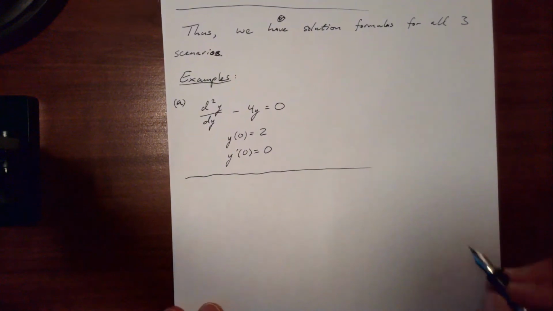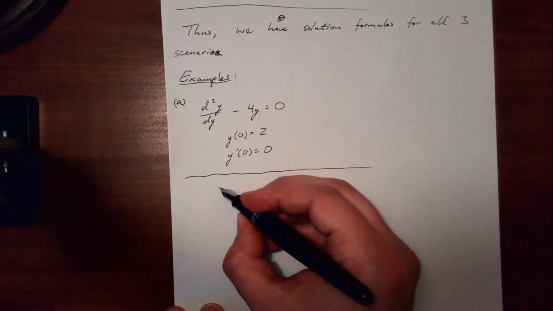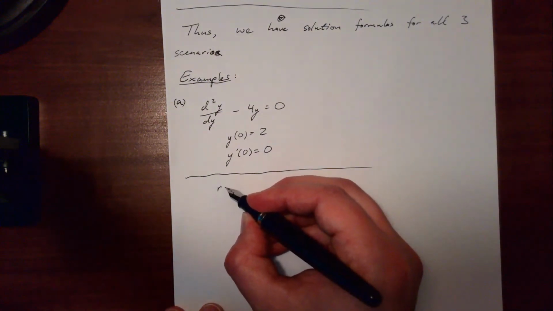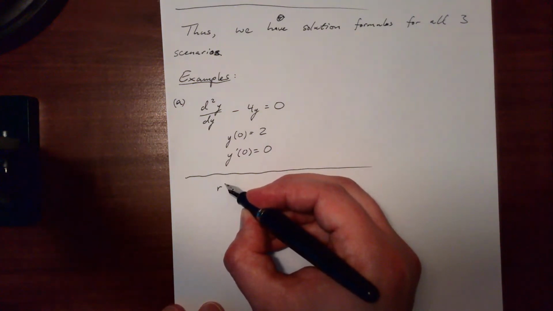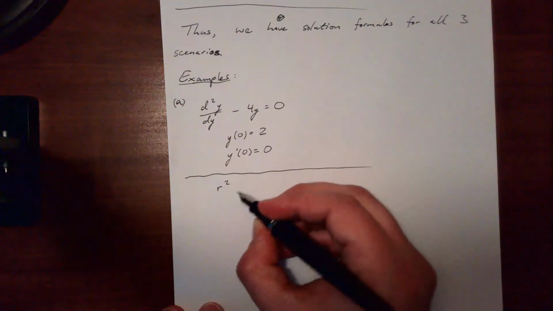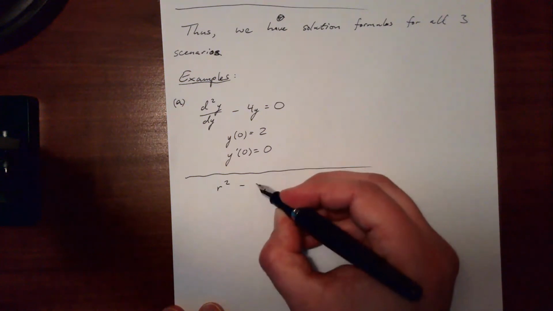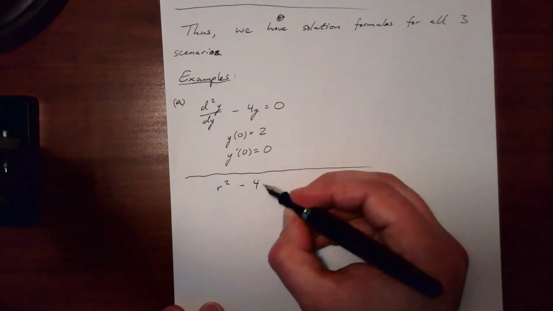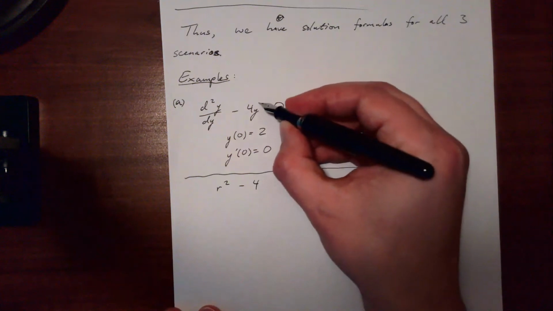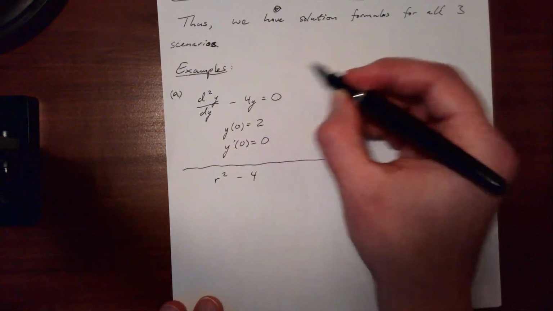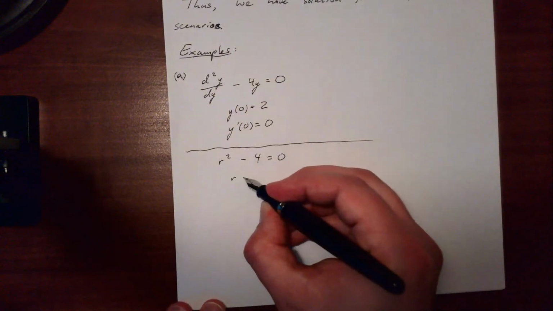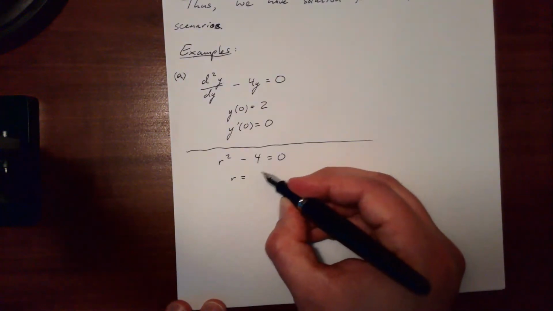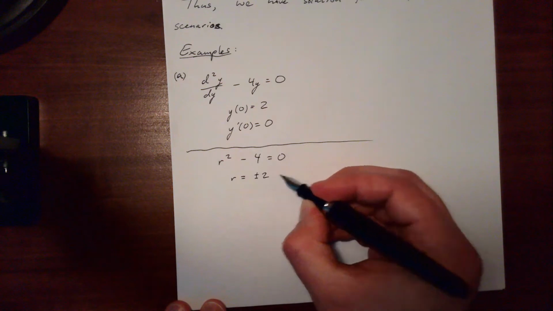Okay, well, let's try this. So derivatives of y correspond to powers of r. So r to the second minus 4 times r to the 0, so it's the 0th derivative, is equal to 0. So this means then r equals plus or minus 2.